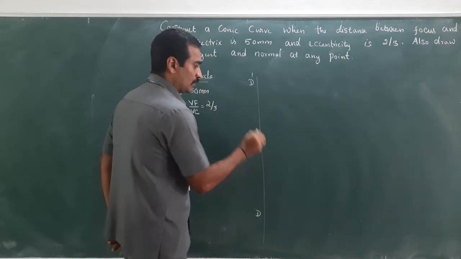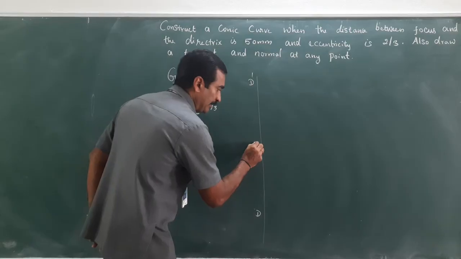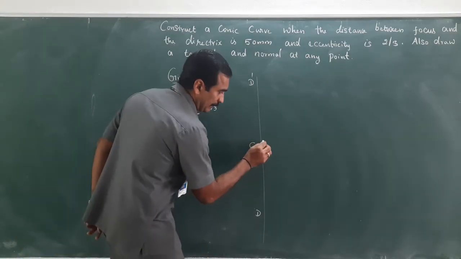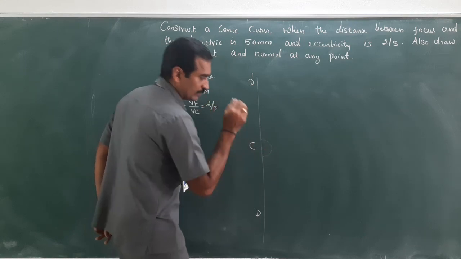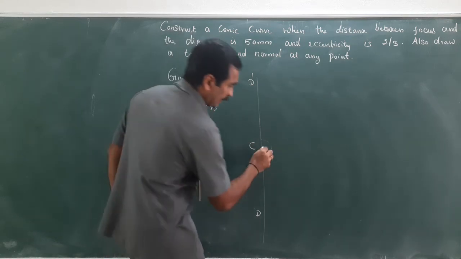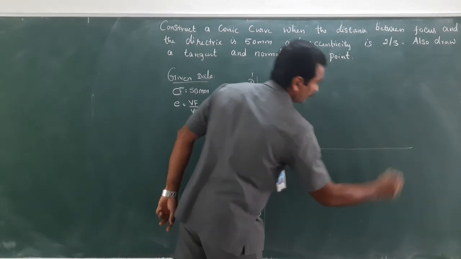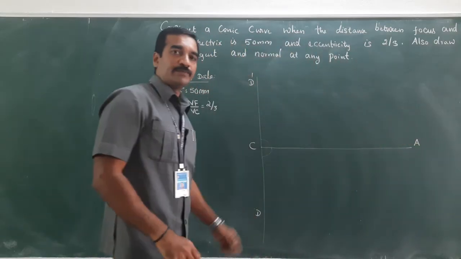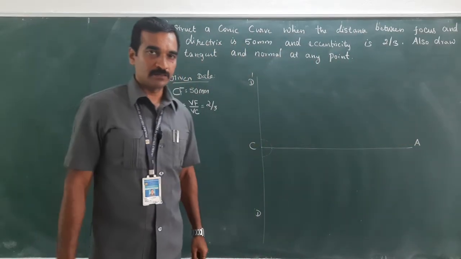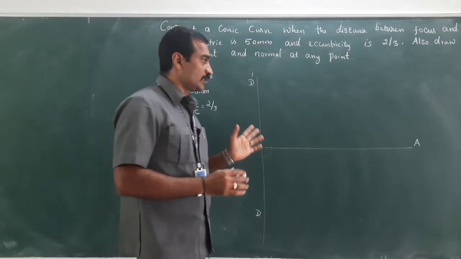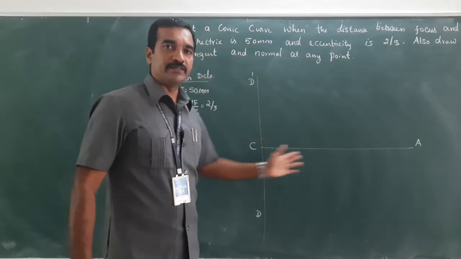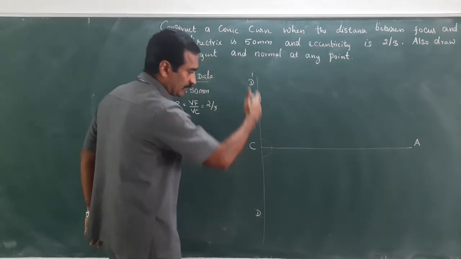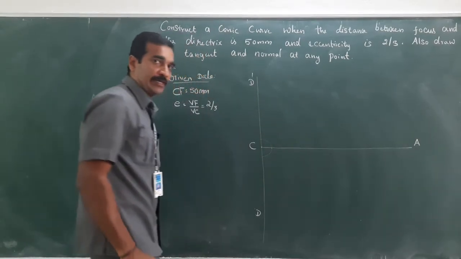Choose any point on this line and name it C. Now draw a perpendicular line by keeping the protractor in this manner, choose 90 degrees, and draw the line CA, which is the axis. You will have to use a 2H pencil to draw all these construction lines. So I have drawn here the directrix and the axis line.